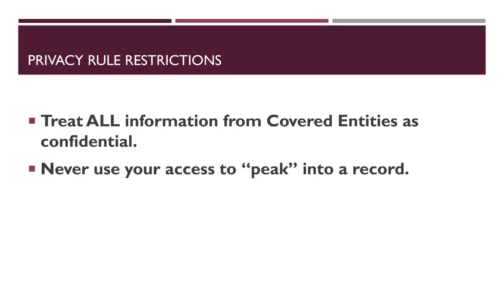The privacy rule requires that you treat all information that you learn or see at covered entities as confidential, and never use your own access to peek into your record or family and friends records.